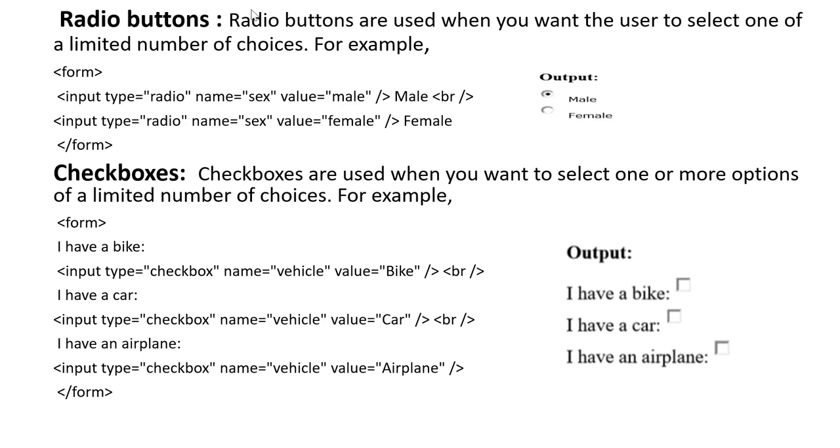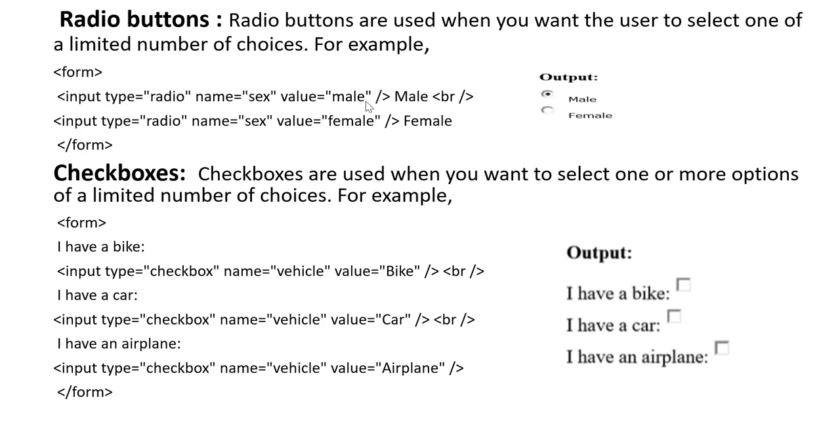Radio buttons are used when you want the user to select one of a limited number of choices. If you have only a limited number of choices, then you will use radio buttons. Example, form, input type radio, name sex, value male, and this is male.